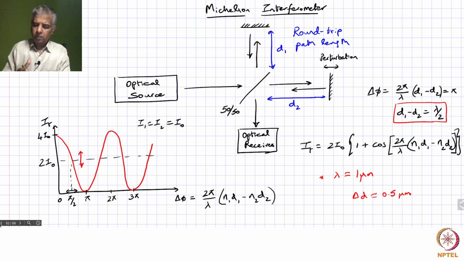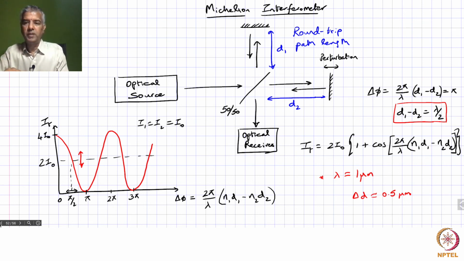We said we can keep moving this mirror D2 with respect to D1, and you can keep going up to whatever path length difference, that is D1 minus D2 could be in the order of meters, kilometers, or thousands of kilometers and so on, and you would still have this sort of beating happening. Okay. That is the kind of picture that we projected initially.